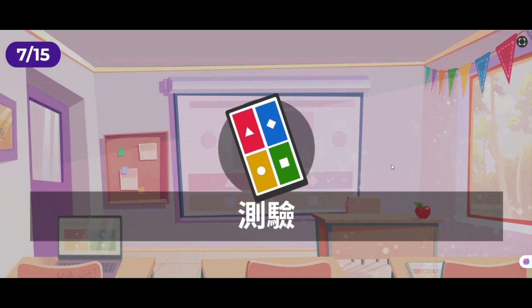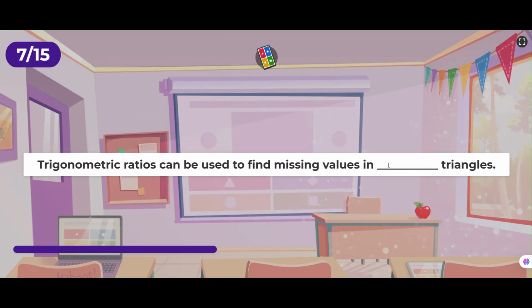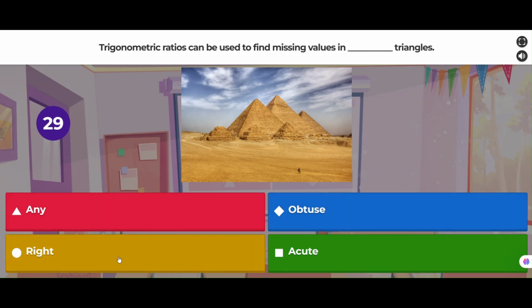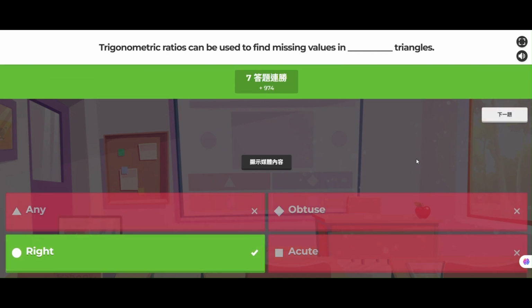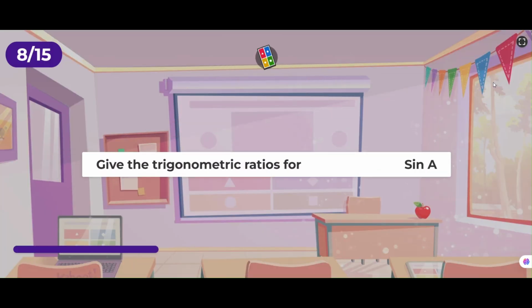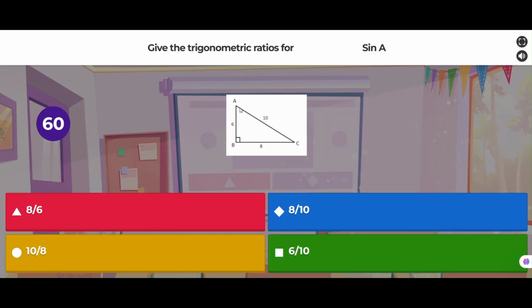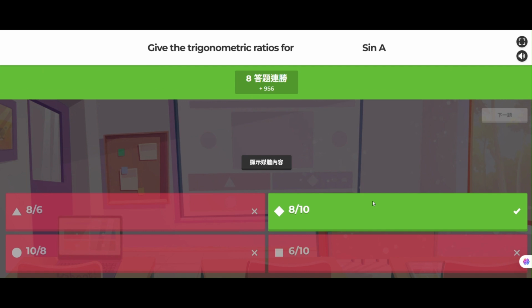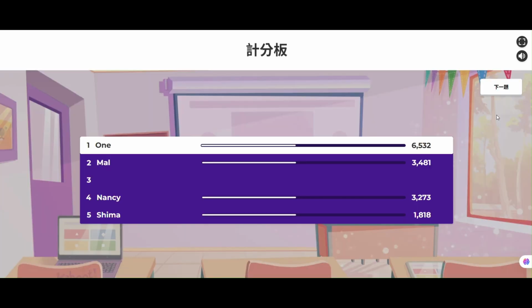Next one. Trigonometric ratios can be used to find missing values in right angle triangles. Give the trigonometric ratios for sine A. Here's 8. So sine A is 8 over 10, opposite side over hypotenuse.